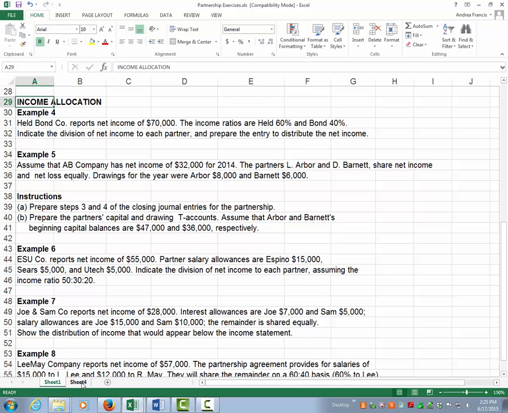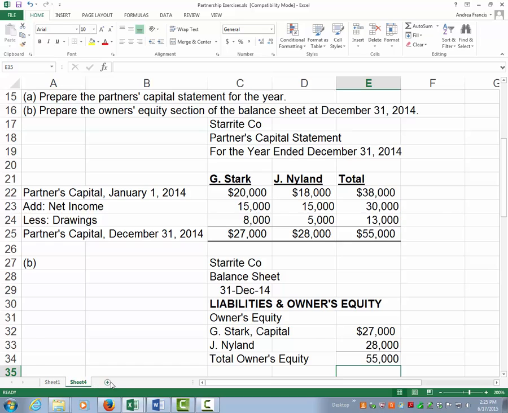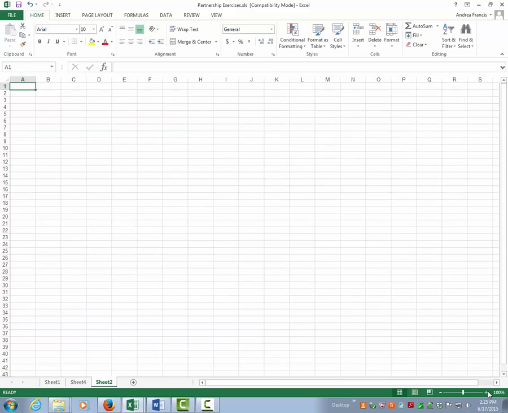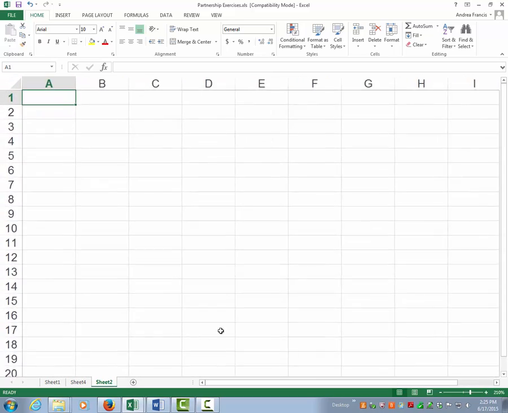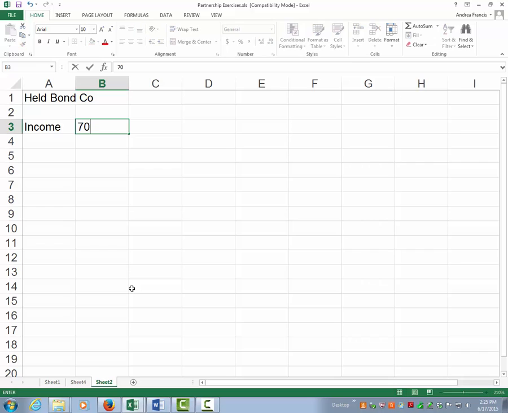So if we go into a new sheet, let me just make it a little bit bigger for you. So Held Bond Company, they have income of 70,000.